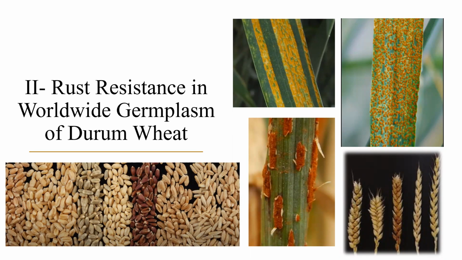One way to look at that: I hypothesized that worldwide germplasm collections comprised of landraces could identify underutilized or novel resistance genes that we can transfer to adapted durum varieties, especially in cases like leaf rust, where we have a complete absence of resistance genes to the races present in the southern US and in Mexico, and these races are also present in the Mediterranean region.